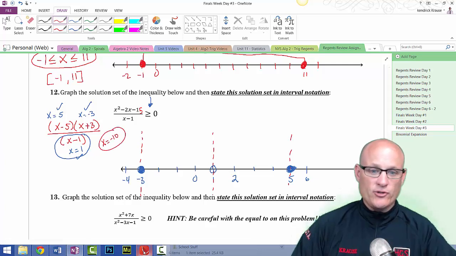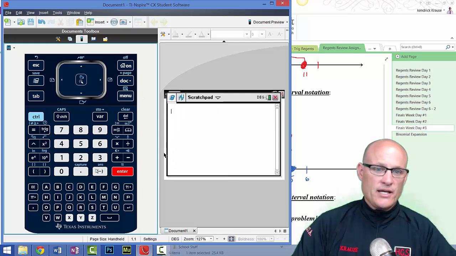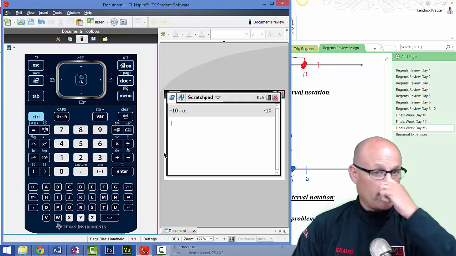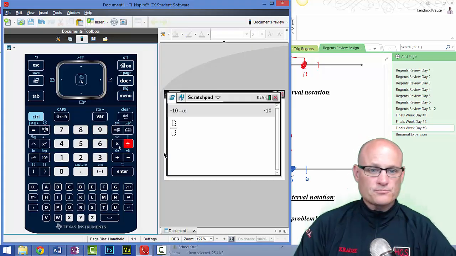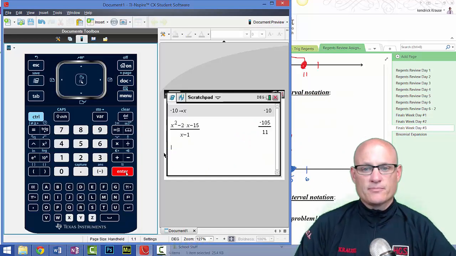I'm going to store that in my calculator: negative 10 store x. Then I type in the original expression, x squared minus 2x minus 15 all over x minus 1, and hit enter.